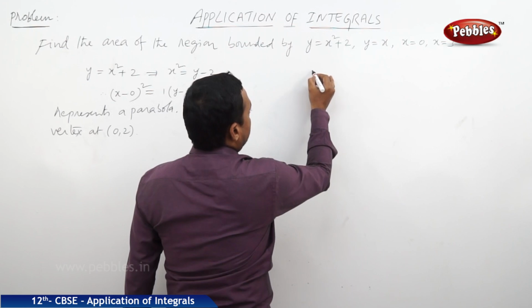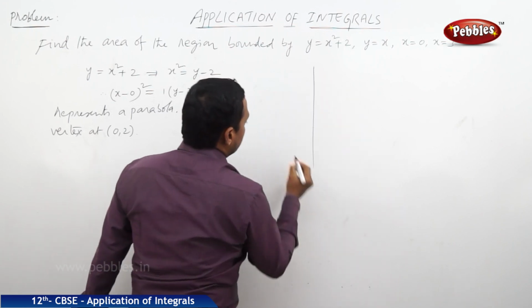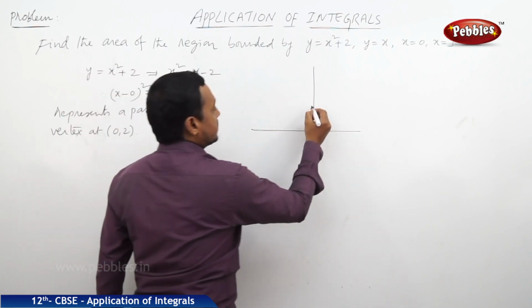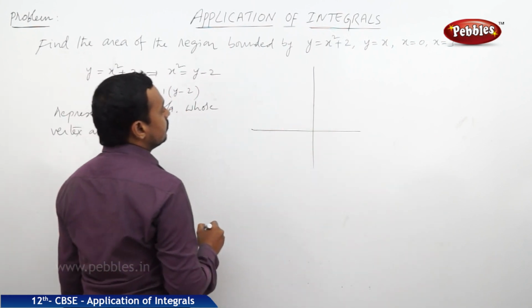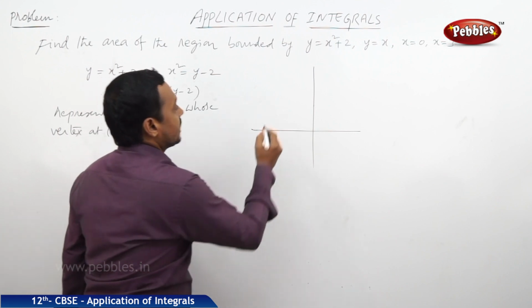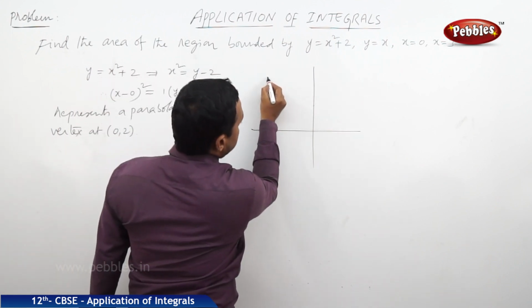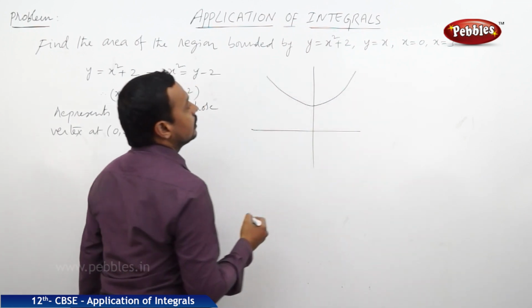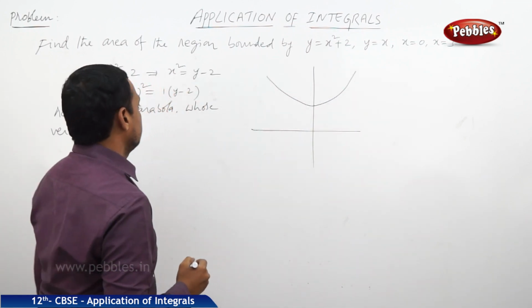Now let us take the graph. The vertex at 0 comma 2 is on the y axis and it is symmetric about the y axis. Let the parabola be like that.